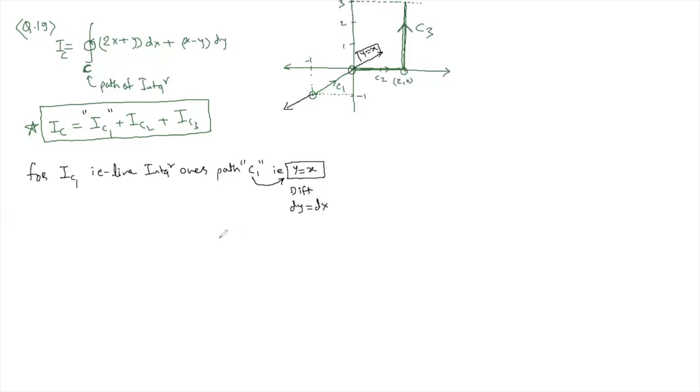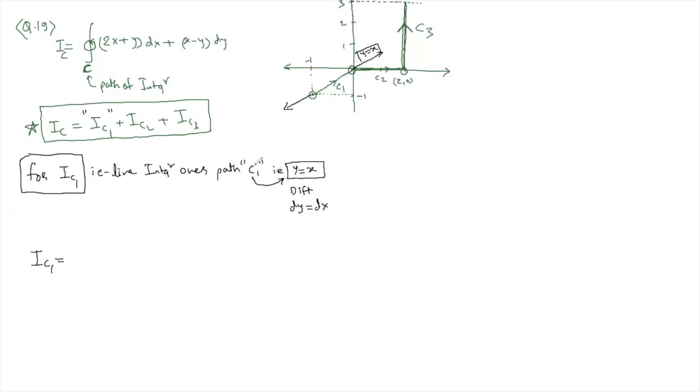Now what we do is, we write I_C1 from I_C, from this. But for I_C1, do you see the condition? I_C1 has a condition here. The condition says that y equals x and dy equals dx.